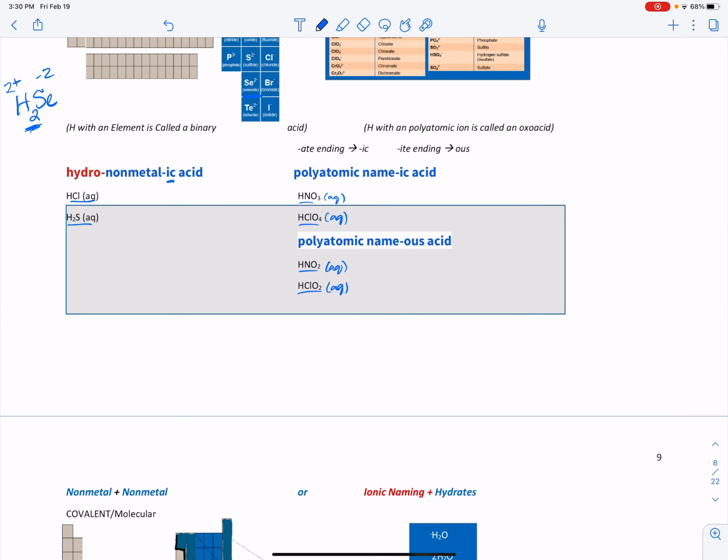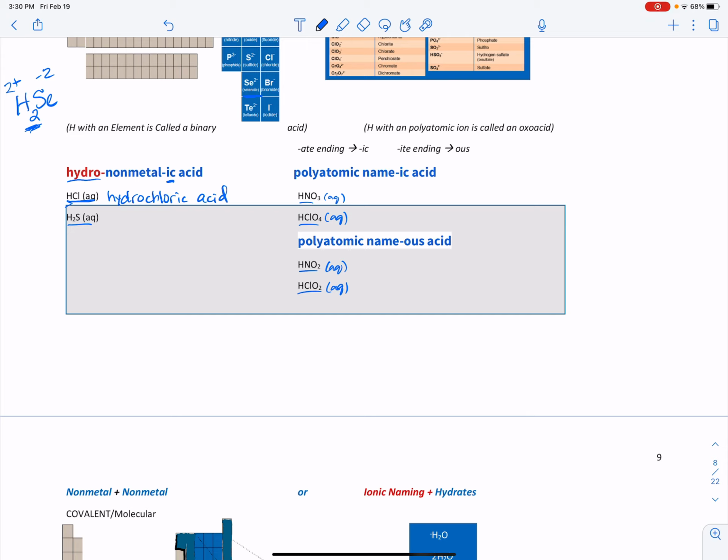And this is really weird. Before, we would put the whole name down. It would have been hydrogen chloride if we had been doing it that way. But since this is an acid, we don't name it the same way. We use hydro to represent the hydrogen part of it. Hydro, and then it's all one word. So chlor for the chlorine, and then ic, and then the word acid.